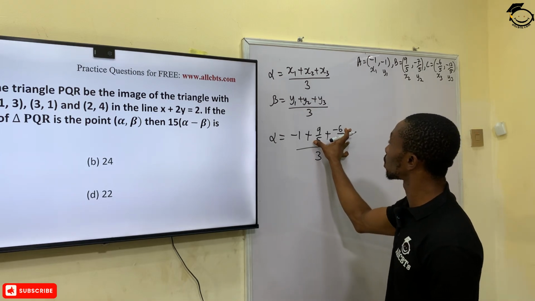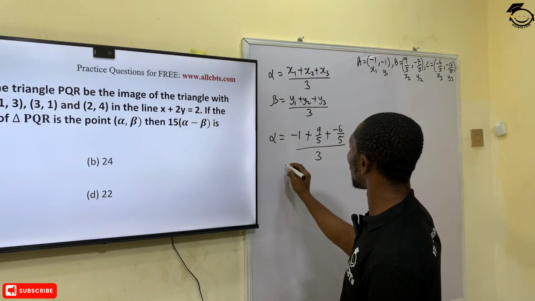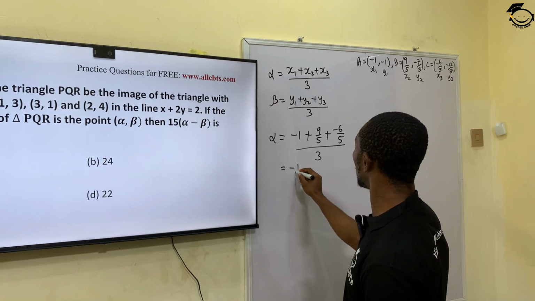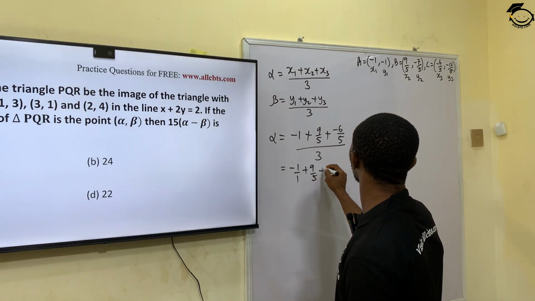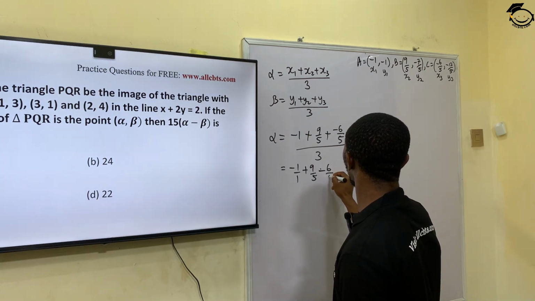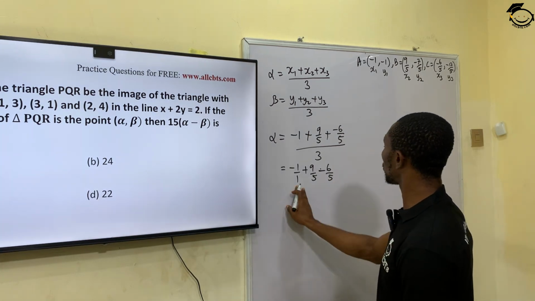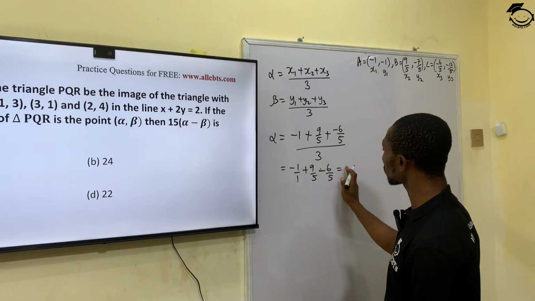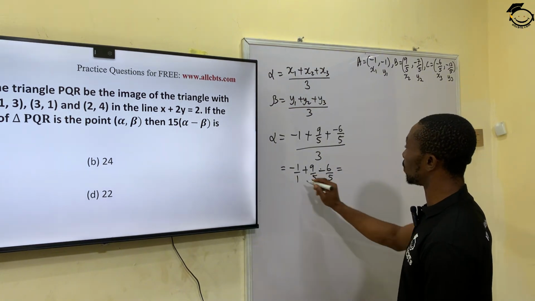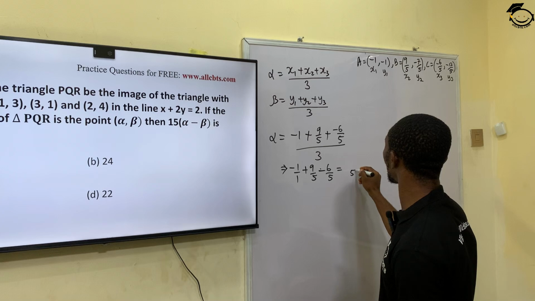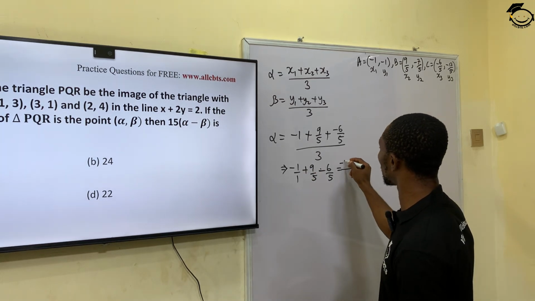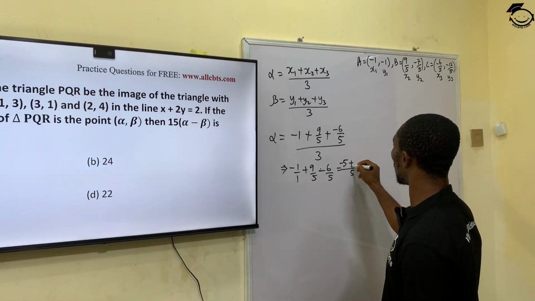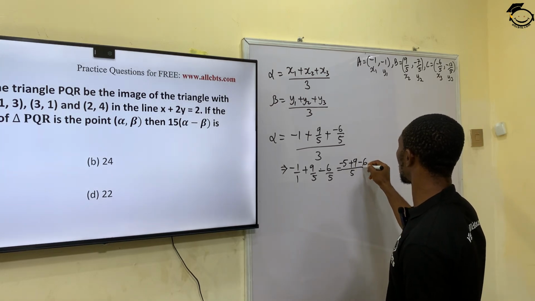Okay, let's work with our numerator first. Now, we have minus 1 over 1 plus 9 over 5 minus 6 over 5. Our LCM for the numerator will be 5. So 5 times minus 1 will give us minus 5 plus 9 minus 6.